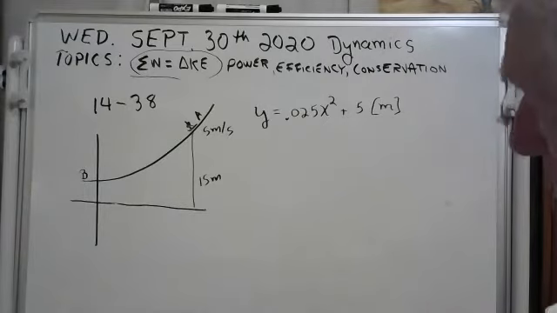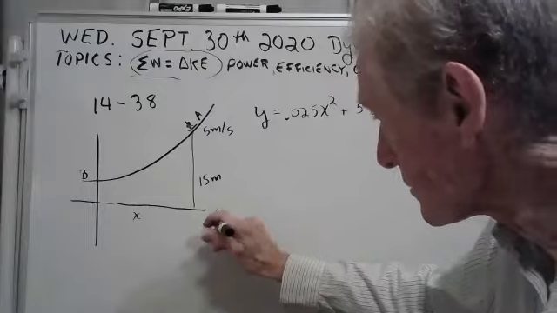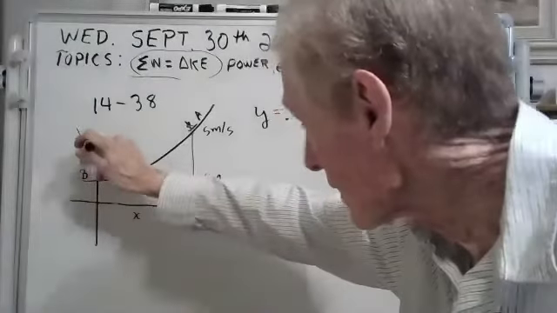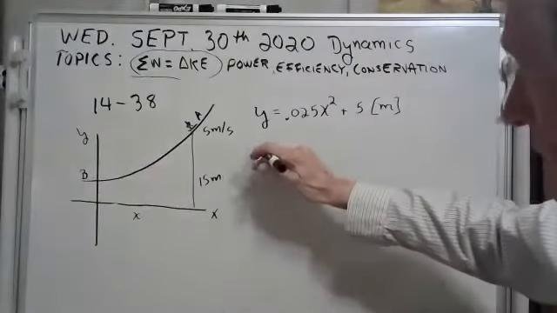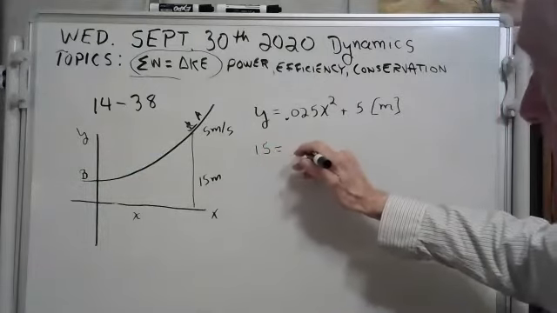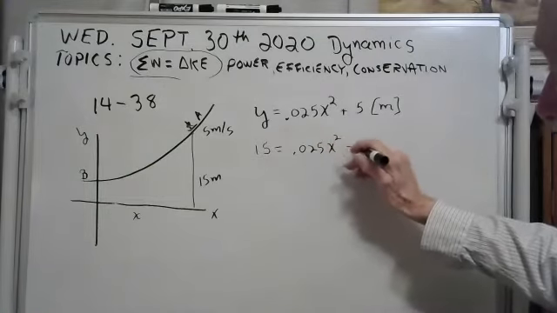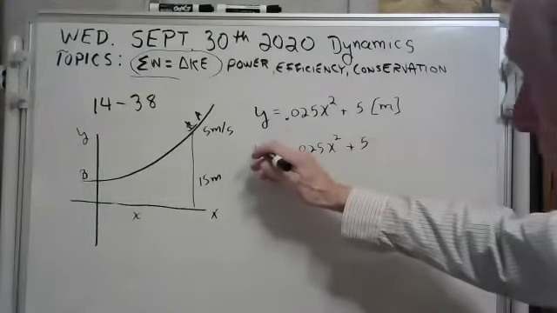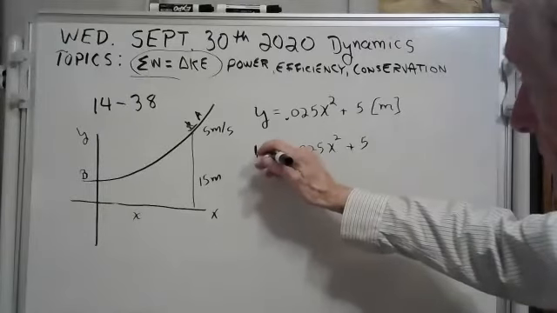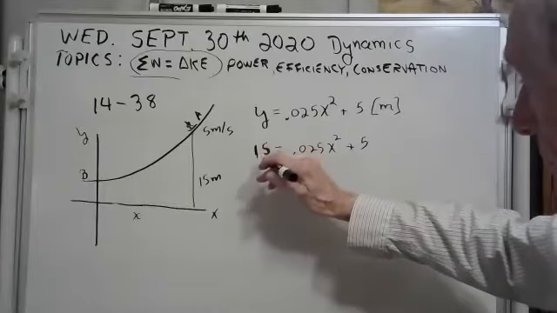Okay, well, let's solve for this distance x. See, this is your x-axis, and this is your y-axis, and they're telling us that y is 15. So we're going to take a moment and solve for x, and I'll shut up. You have time to do that.